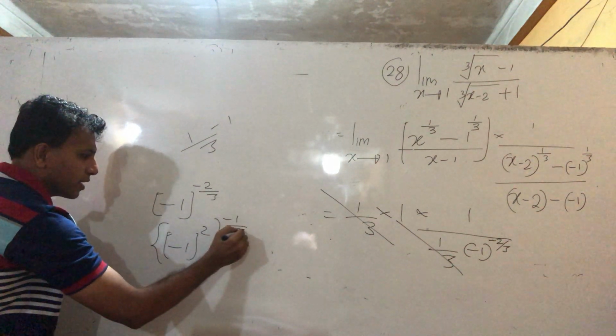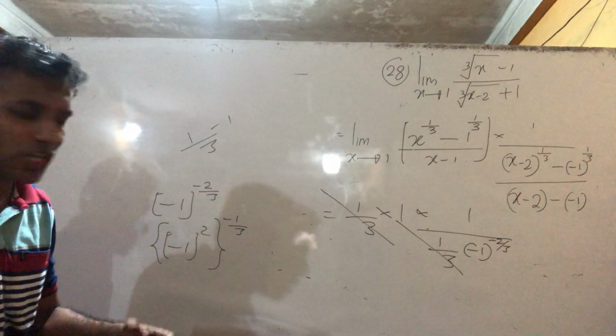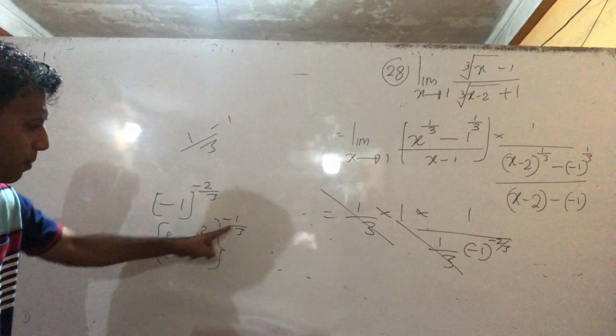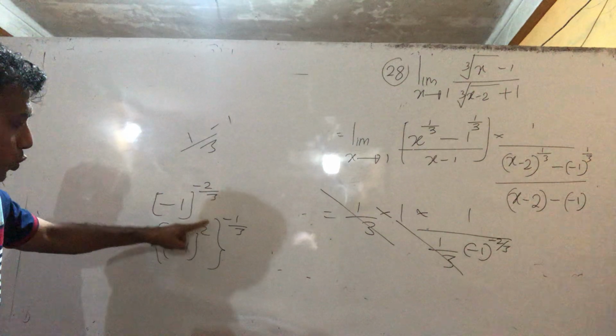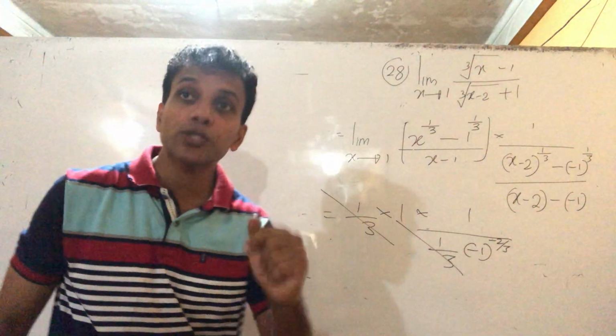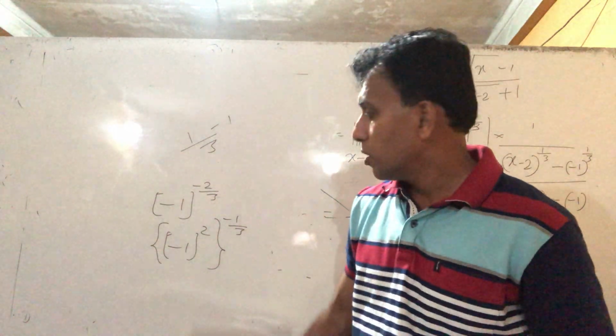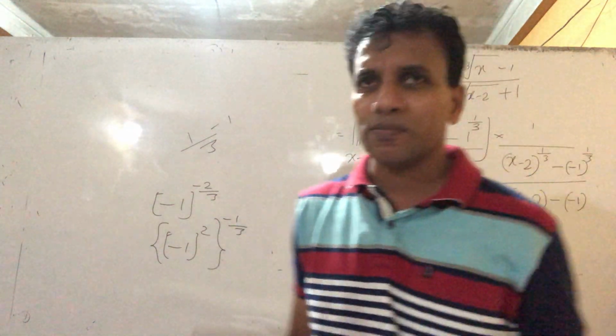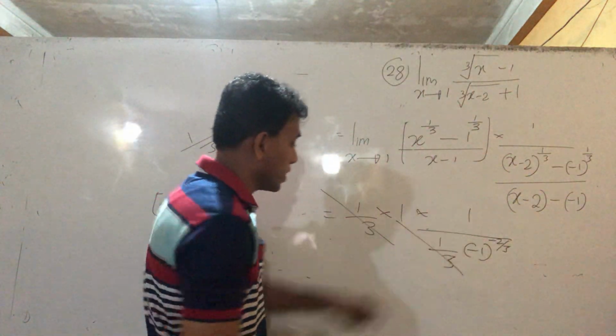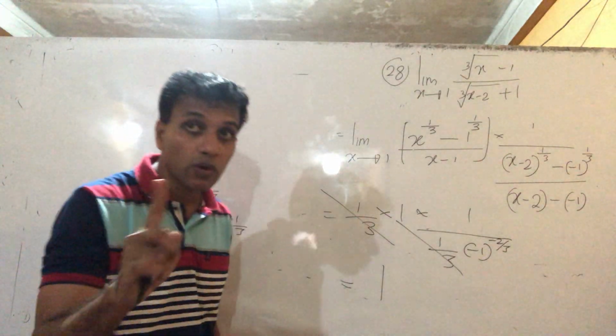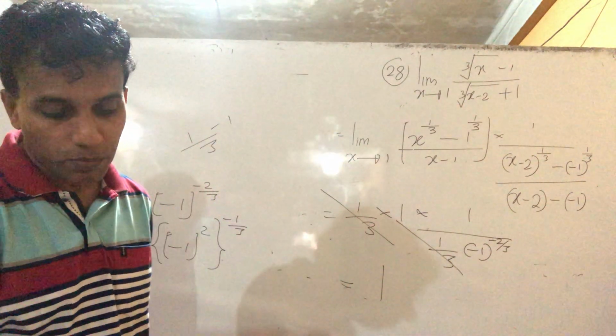Check like this, using indices: power and power multiply, so this is a square. Minus 1 squared is positive, so 1 to the power anything is 1, right? Therefore here it is plus 1. Check the answer, not minus 1. The answer is plus 1. Check that method.